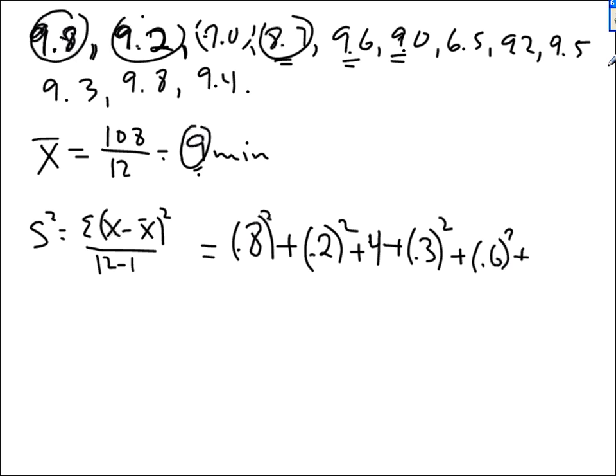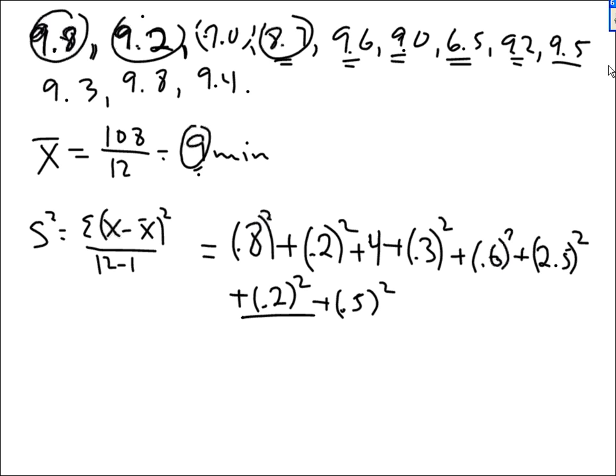This minus 9 is 0. You square it, you get 0. This number minus 9 is negative 2.5. It's the same as squaring 2.5. This number is 0.2 above. This take away 9 is 0.5, and you square it. And that whole sum gets divided by 11.